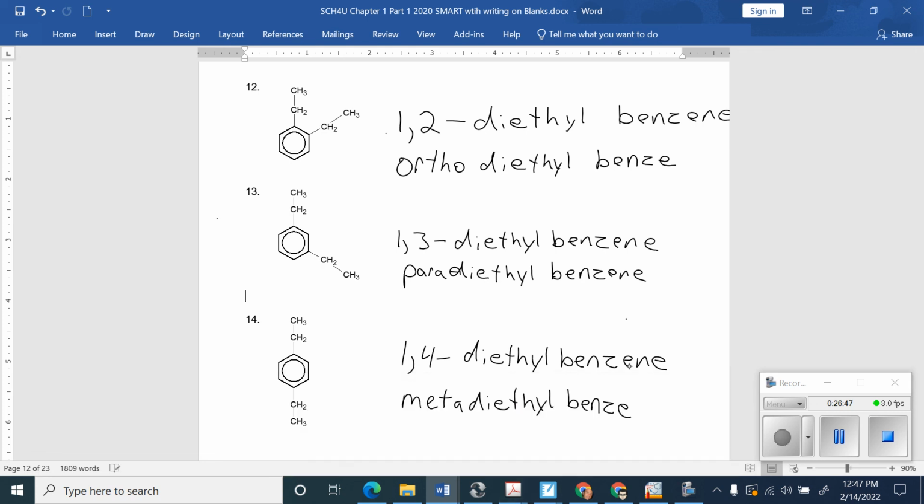Meta-methylbenzene, all one word. Okay. Or just O. Or just P. Or just M.